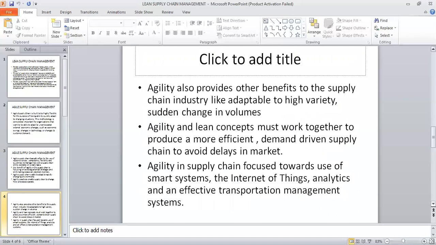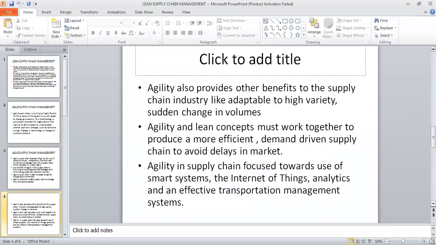We have to be very quick regarding what to produce, with how much variety and volume. I guess agility and lean concepts must work together, to produce efficiently and cope with external changes.